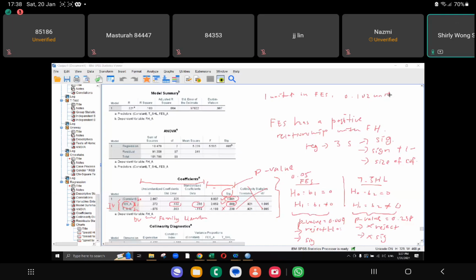So this is a positive relationship. If it's a negative relationship, then one unit increase in FES will lead to 0.102 unit decrease if it's a negative relationship, right?